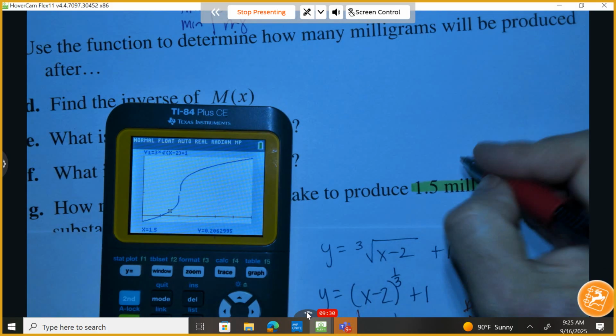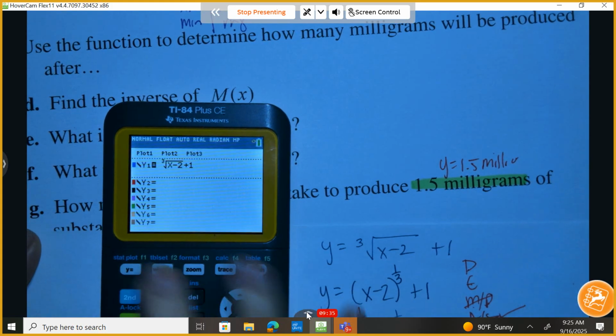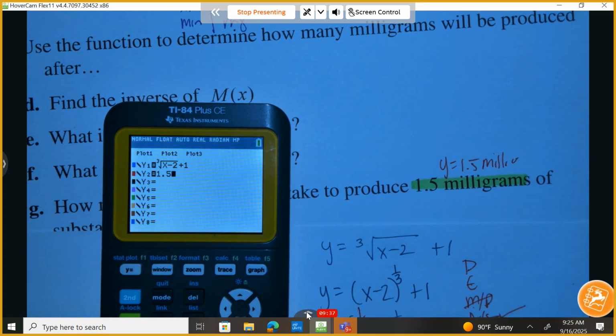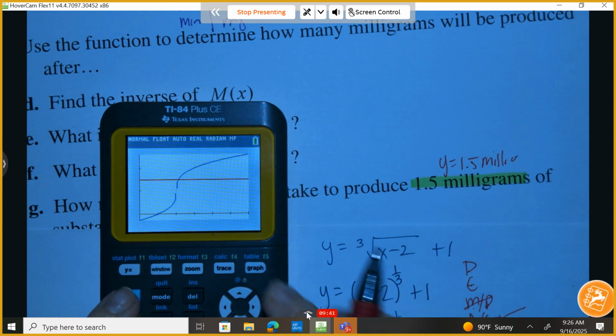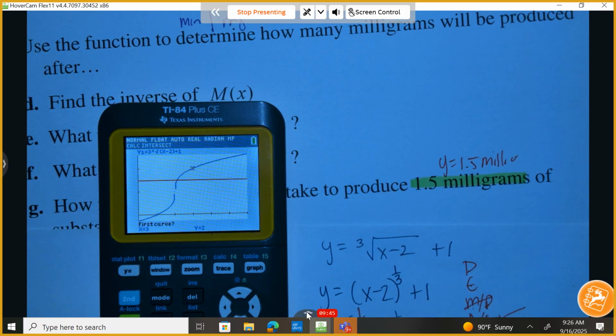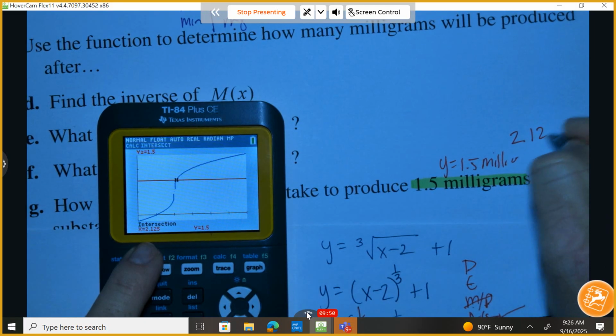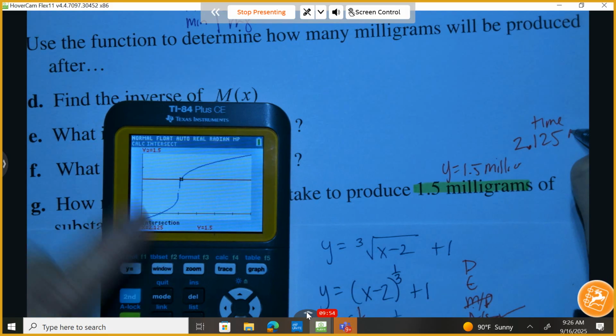So I want to know when y equals 1.5 million. I make the y 1.5 and graph it to find that intersection. How do I know exactly where it intersects? To precisely find it, I go down to intersect and press enter, enter, enter. Okay, so 2.125. This is the time, in terms of minutes.